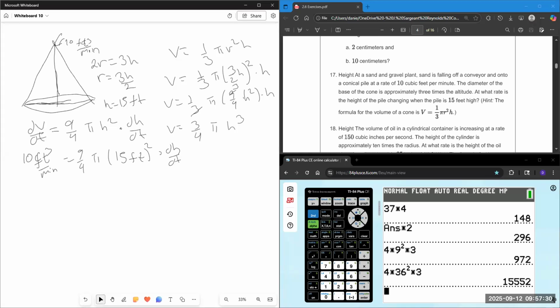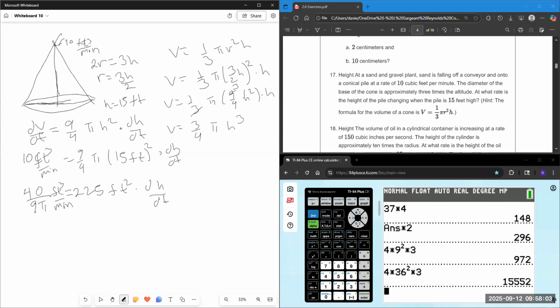So 10 times 4 is 40 over 9 pi. I'll just leave that like that for a second. 15 squared is 225. This is square feet. This is still cubic feet per minute times dh/dt.